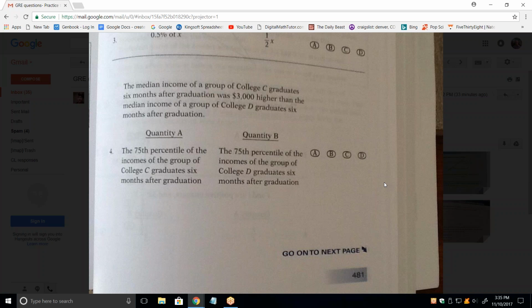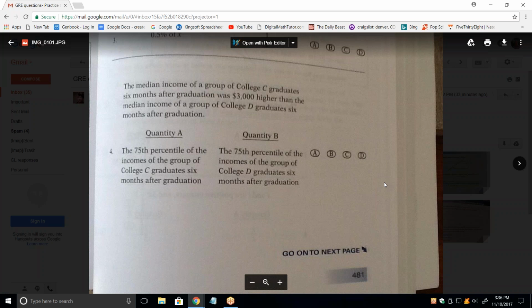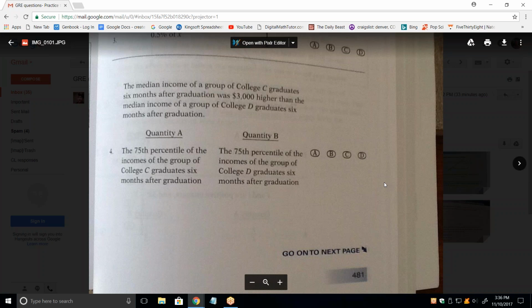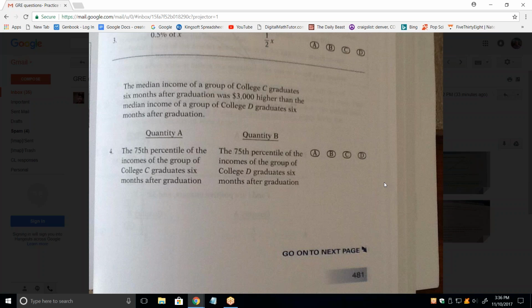But this could be a trick question, right? If I had 10 seconds to answer this, it would be quantity A immediately. College C, after all, they make $3,000 higher as a median income than college D graduates. So the question is, is it possible for the 75th percentile to not be higher than the 75th percentile of college D?